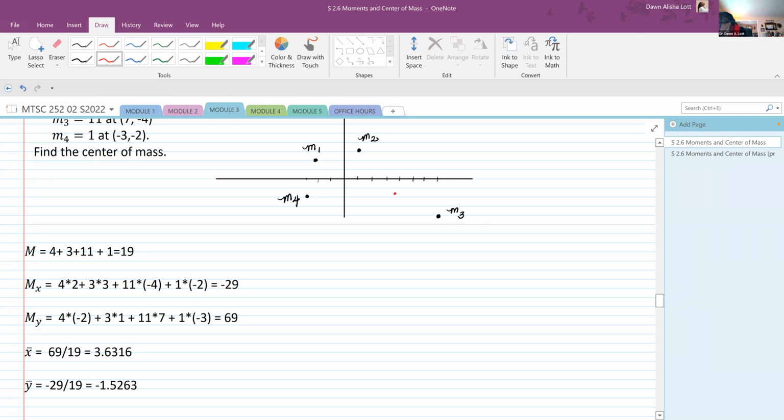So I would say it's right here. And notice that the heavier mass has really pulled x bar away from M1, M2, and M4.